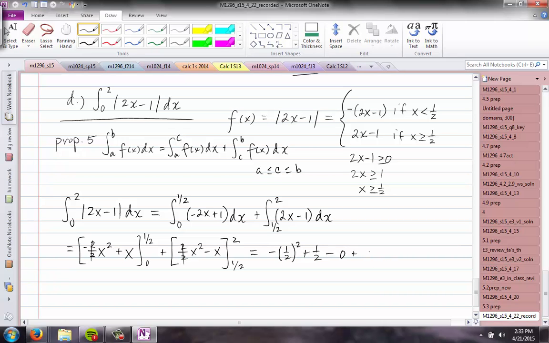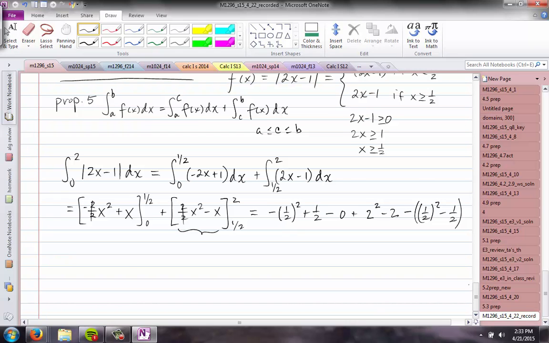And then I'm going to evaluate the second function at 2. So it's 2 squared minus 2. And then minus, being careful here with grouping symbols because I have multiple terms, 1/2 squared minus 1/2.